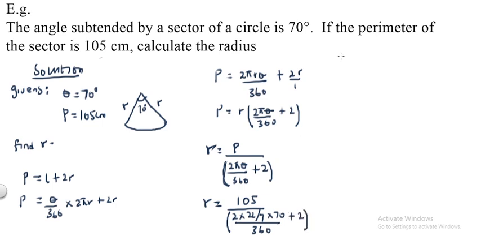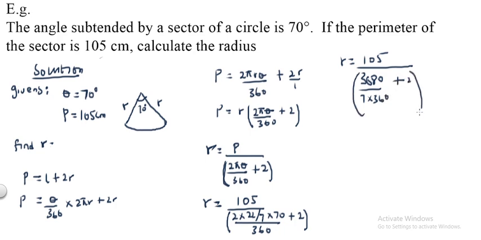If you do this, you have R is equal to 105 divided by... I'll just do it directly in the calculator to avoid waste of time. You can write this as 3080 over 7 times 360 plus 2.